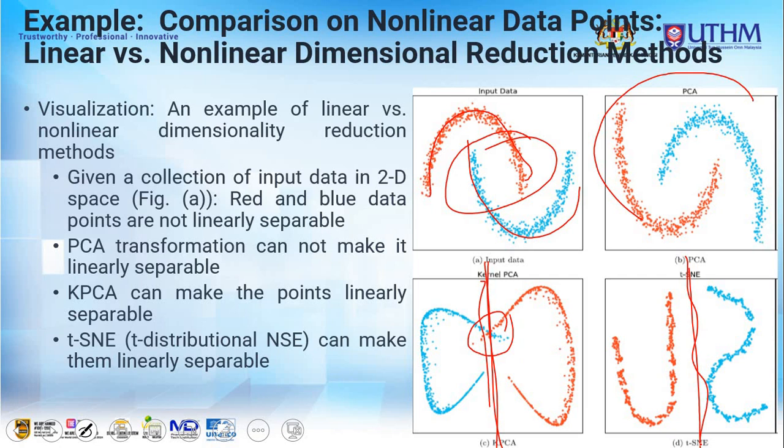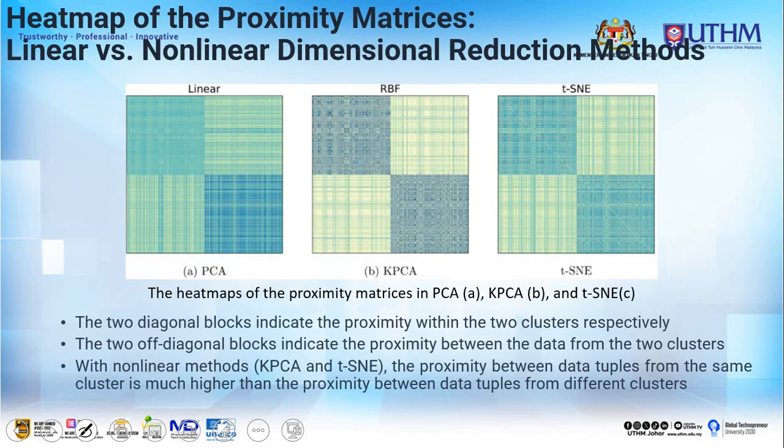Okay, we're going to come to the end with one more slide, which is the heat map of the proximity matrix for linear and non-linear dimensionality reduction methods. You can see PCA, KPCA, and also SNE. You can notice there is a line there.